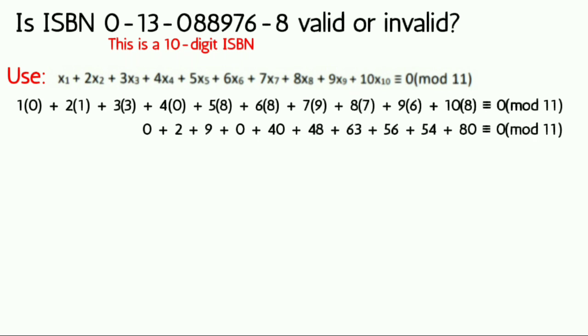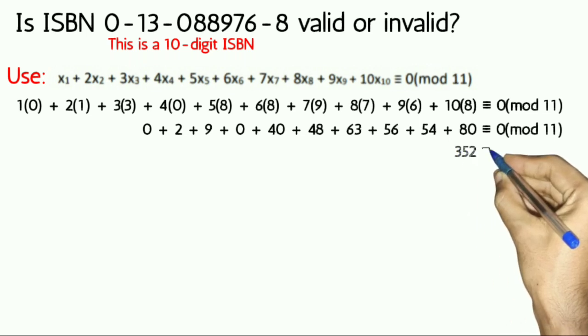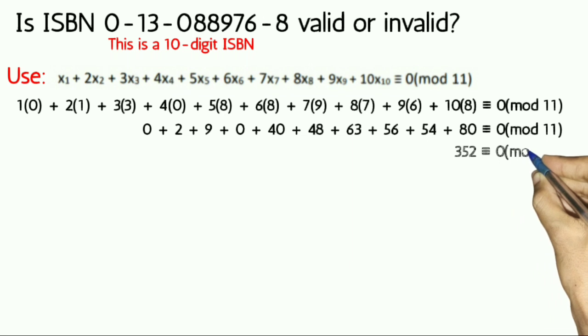Pero kung hindi divisible by 11, ang ating ISBN ay invalid. 0 plus 2 plus 9 plus 0 plus 40 plus 48 plus 63 plus 56 plus 54 plus 80 is equal to 352. So that will become 352 is congruent to 0 mod 11.